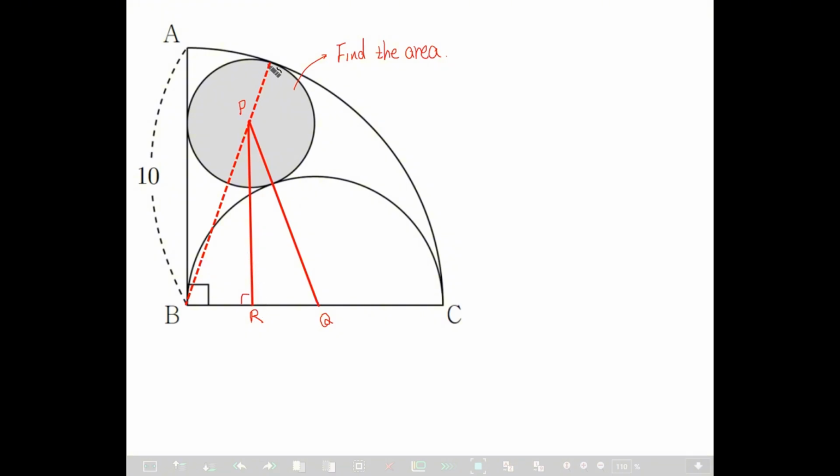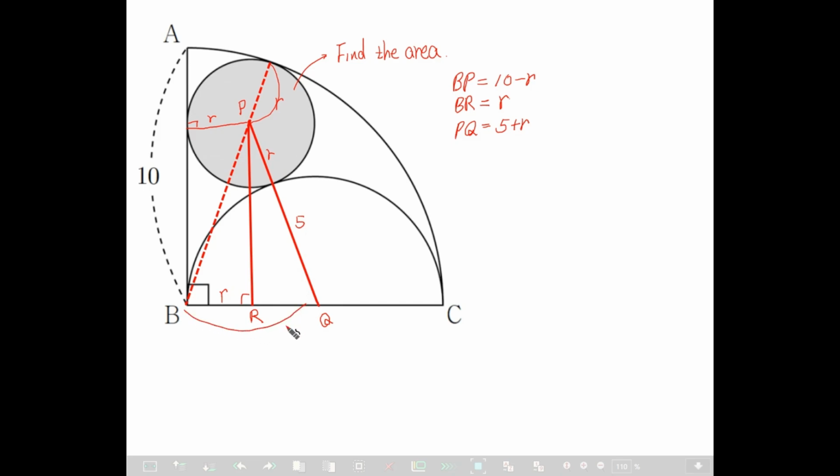To find the area of this circle, we have to know the radius R. Then BP equals 10 minus R. Here R, so BR is R. BR is R. And PQ equals 5 plus R. Here R, here 5.